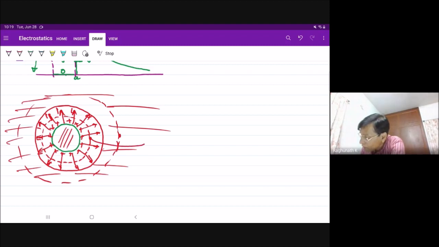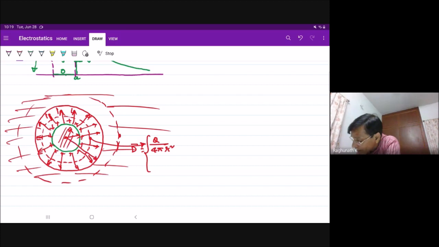On that r, flux density D bar is Q by 4 pi r squared for a less than or equal to r less than or equal to b. Zero elsewhere.